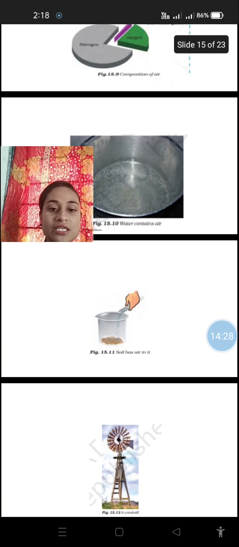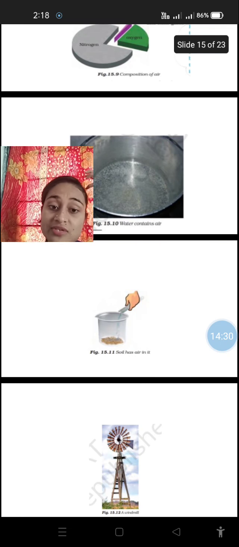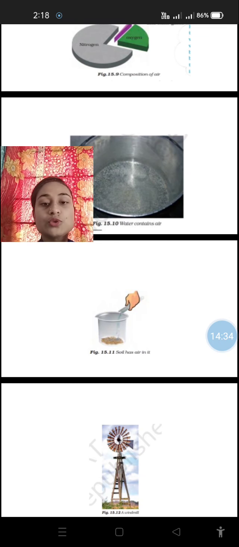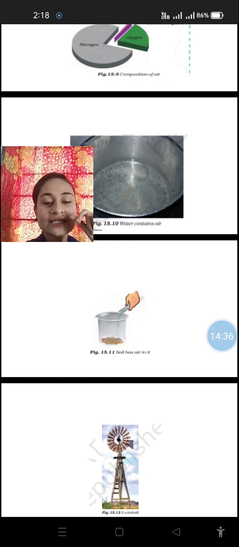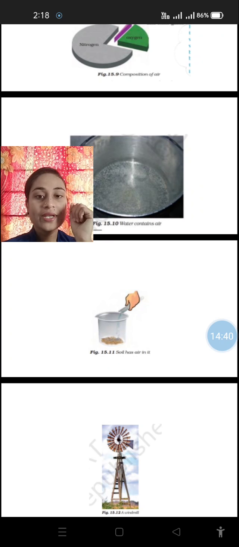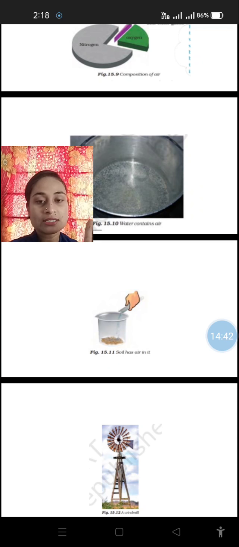Now after that, we can see that even sand has air in it. How can we say that? We can take a handful of sand and put some water in it.